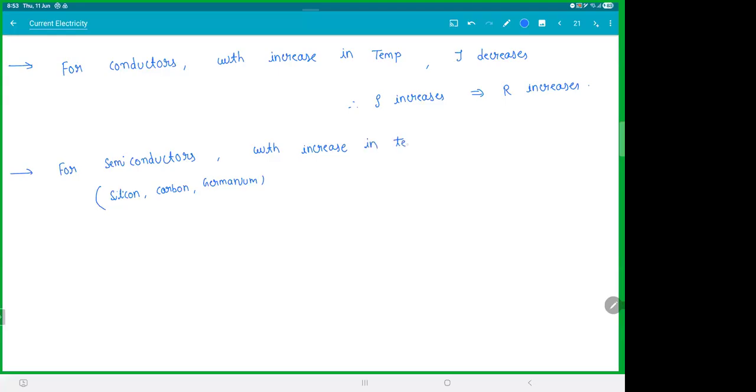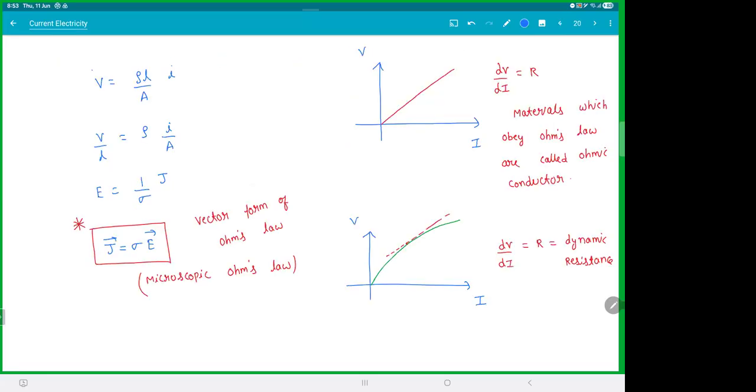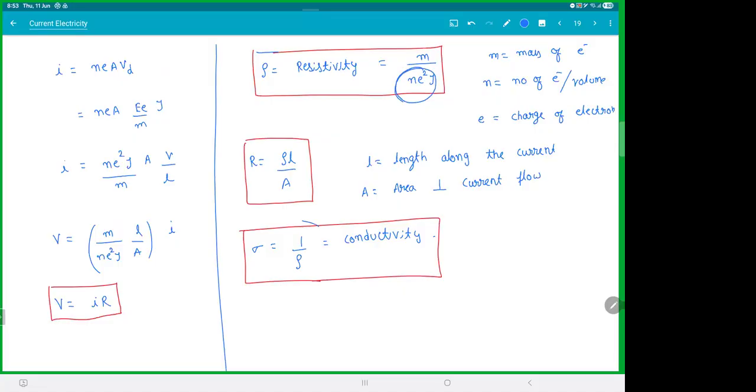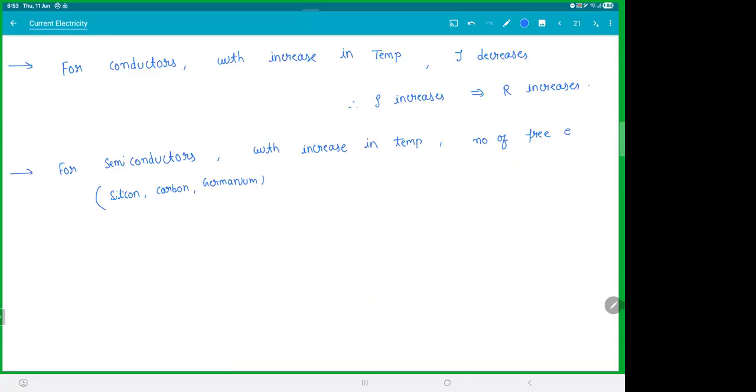So when you increase the temperature, more electrons come out of the lattice and n increases. Look at the formula here: n is in the denominator. So even though tau decreases, n will increase pretty rapidly, to a large value. It's like you don't have enough free carriers, and now you suddenly increase the carriers, so rho decreases. So for semiconductors, if you increase the temperature, resistance decreases.